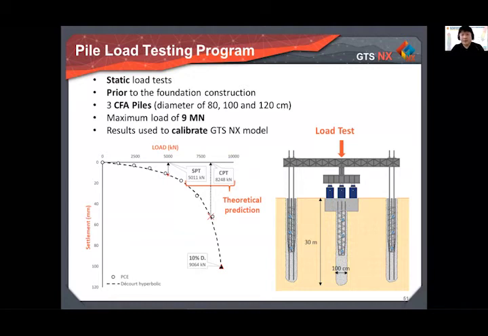The prediction of pile behavior based on the CPT is much closer to the measured pile load tests, which is mostly explained by the nature of the test, which is more technical than the SPT. And in GTS NX, the results from the pile load test were used to define the properties of the pile. It is very important to have pile load tests when designing building foundations, especially for high-rise buildings.